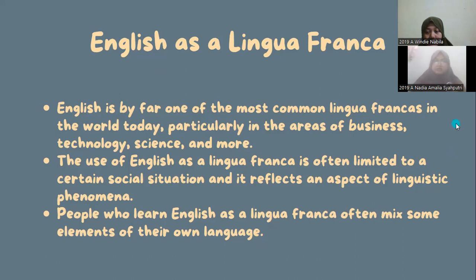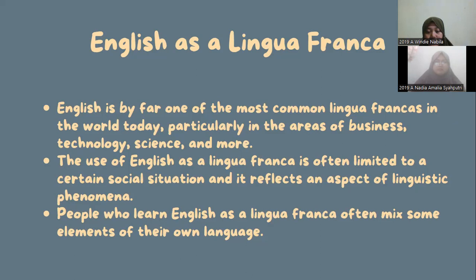This is certainly the case in India, where even though Hindi is the official language, English spoken in all kinds of ways is widely used as a lingua franca. The use of English as a lingua franca is often linked to certain social situations, and it reflects an aspect of linguistic phenomena.